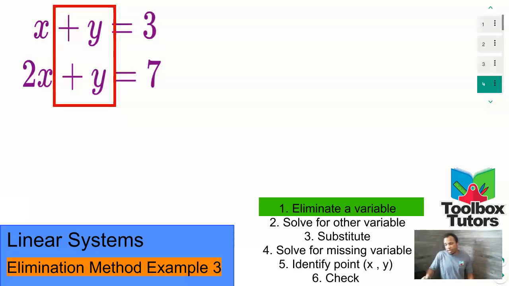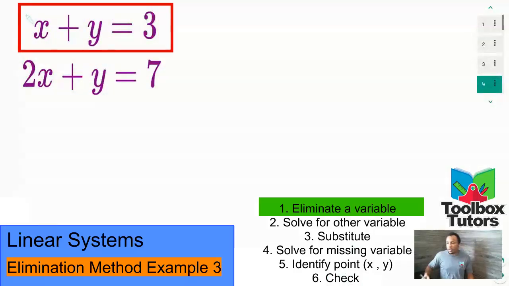Since both of these are positive, I think it'll be easy to eliminate these just by changing one of them to negative. Now when I say change one of them to negative, it's not just that simple. If we change one term in this whole equation, we have to change the whole equation. So what we'll do is take this whole top equation and multiply it by negative 1.